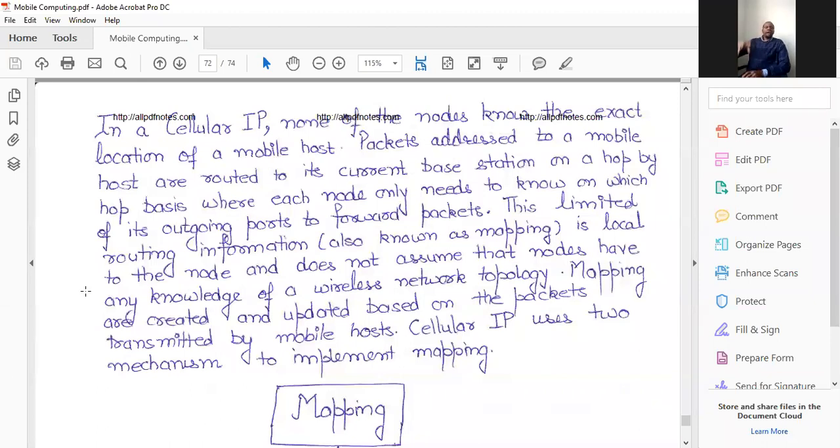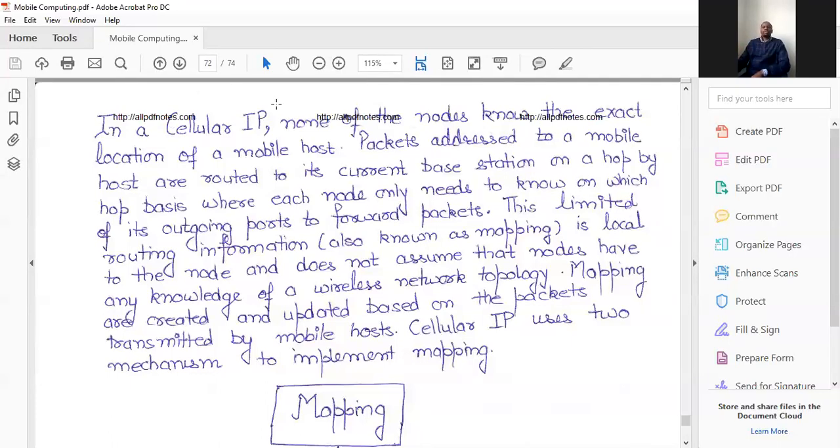Whenever a data packet has to be sent from one mobile host to another, at that particular time, the destination of the packet is going to be mapped or looked for.